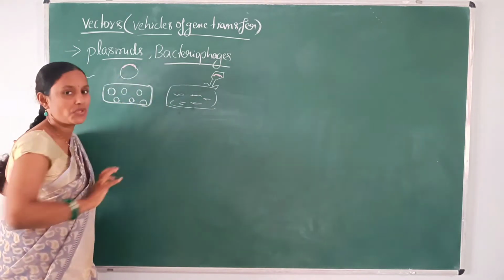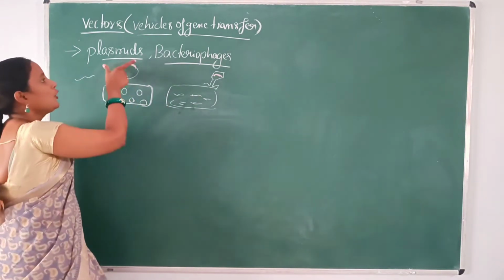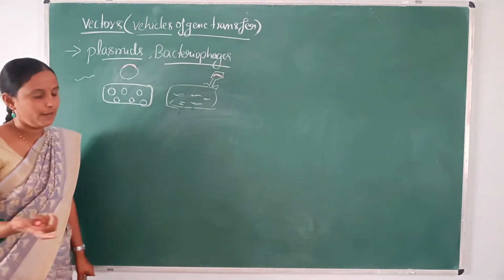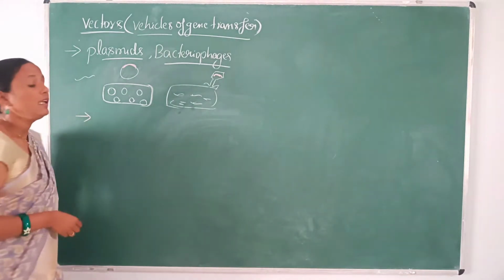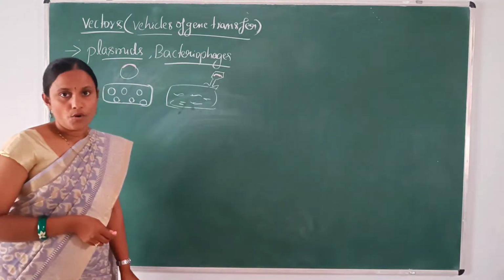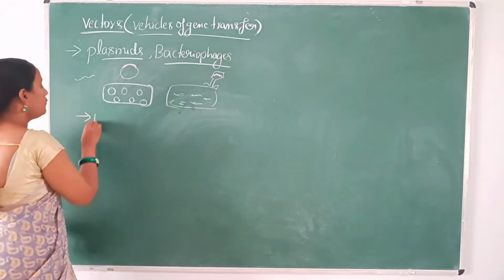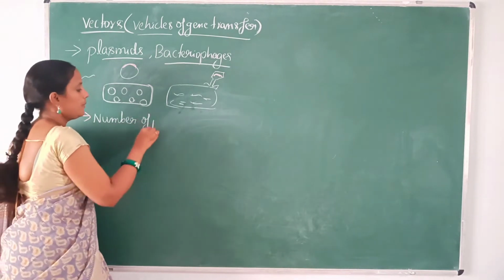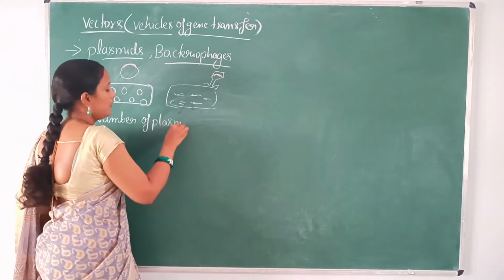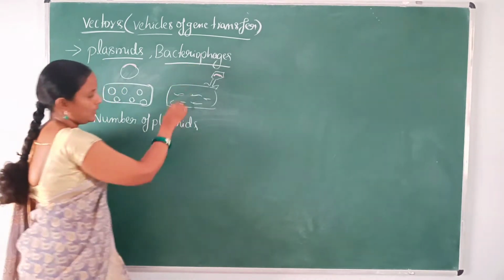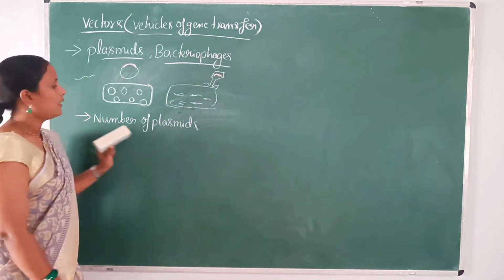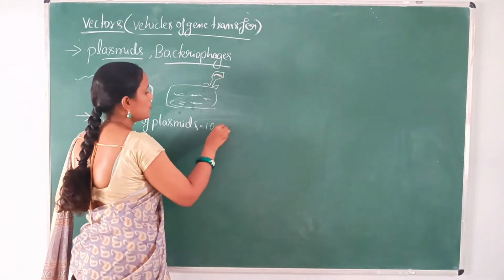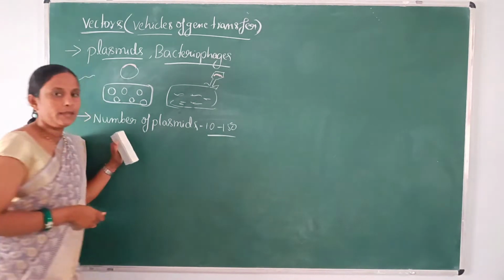And to use these as vectors, either plasmids or bacteriophages as a vector, their copy number is very important. That is the number of plasmids per cell, or number of bacteriophages per cell. The number of plasmids may vary few to many, that is 10 to 150 number, it may vary.